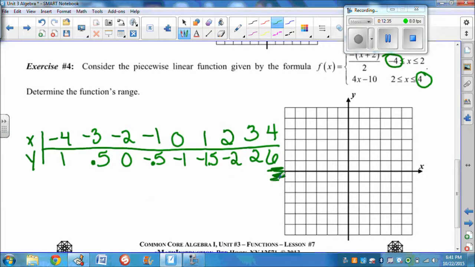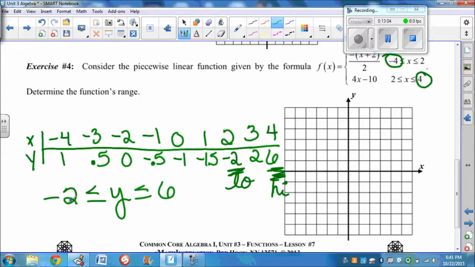It looks like 6 is my highest point, and what's my lowest point? That -2. So therefore, my range is going to go from -2 less than or equal to y, which is less than or equal to 6. Again, my highest point in my range list is 6, and my lowest point is -2. So in interval notation, -2 to 6.